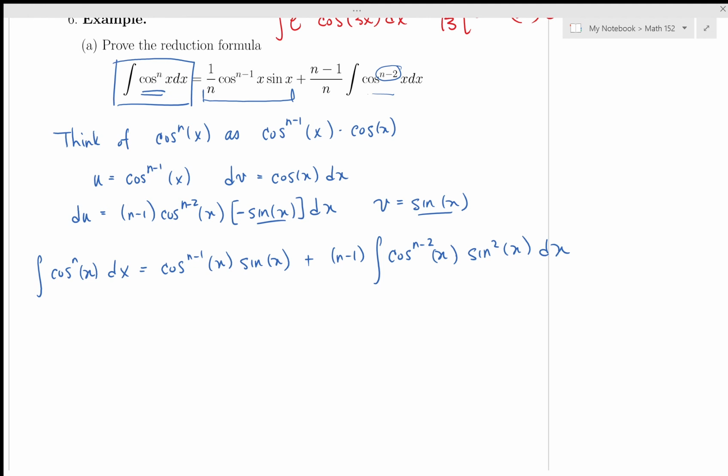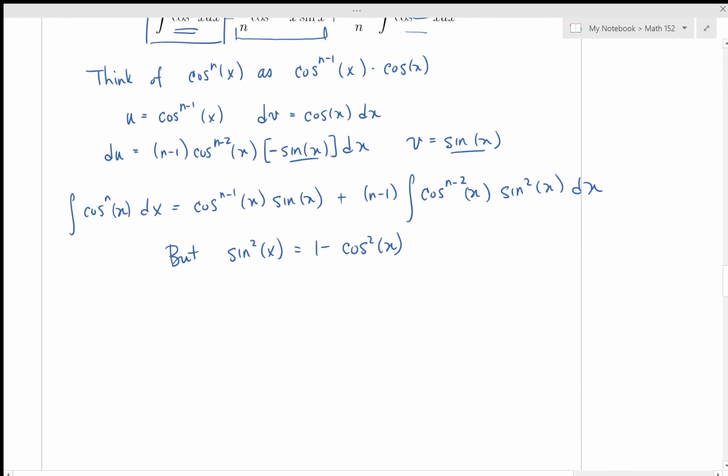I haven't quite got that formula sitting up there yet, do I? So what am I going to do right now? Recall the trig identity, sin^2 x equals 1 minus cos^2 x. So that means that I can rewrite this.